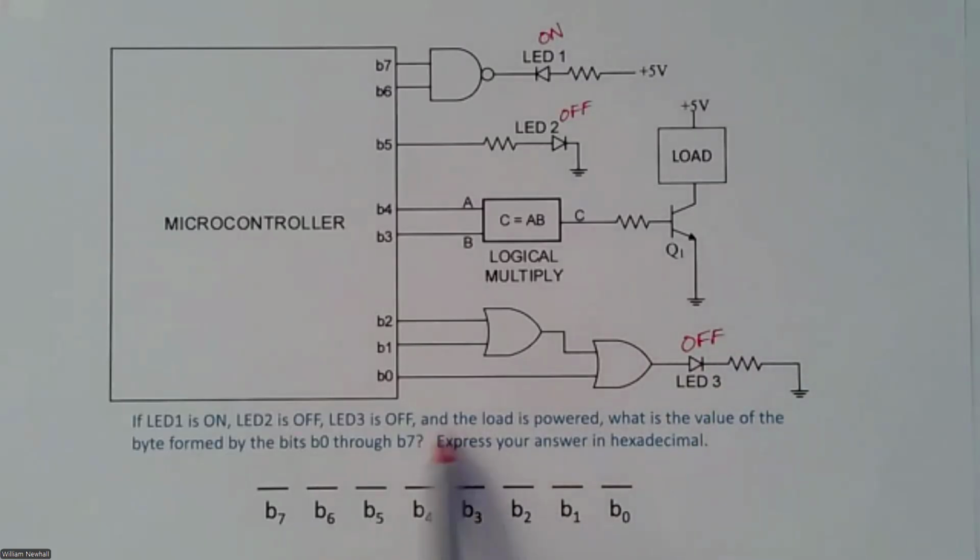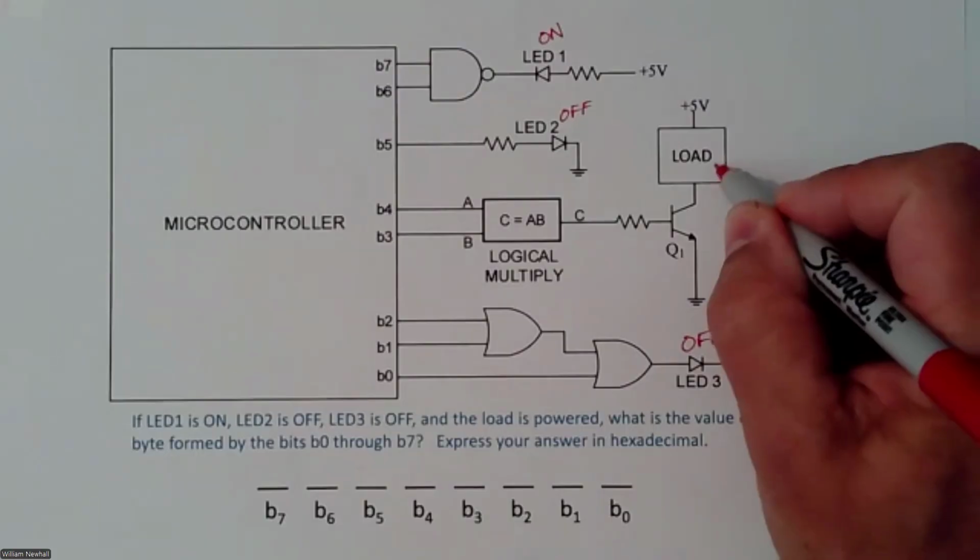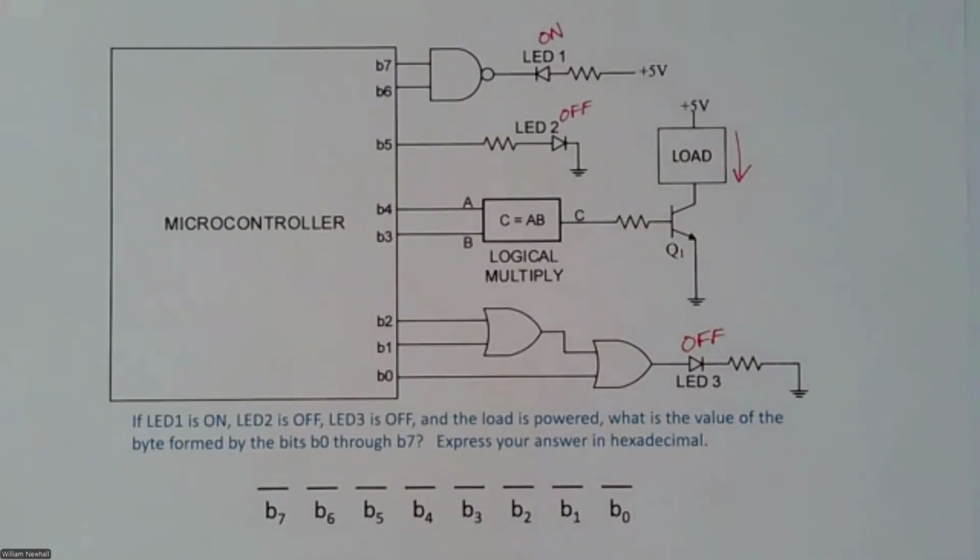Okay, and the load is powered, which means there's current flowing through the load. So the question asks, what is the value of the byte formed by bit 0 through bit 7? Okay, and express the answer in hexadecimal.